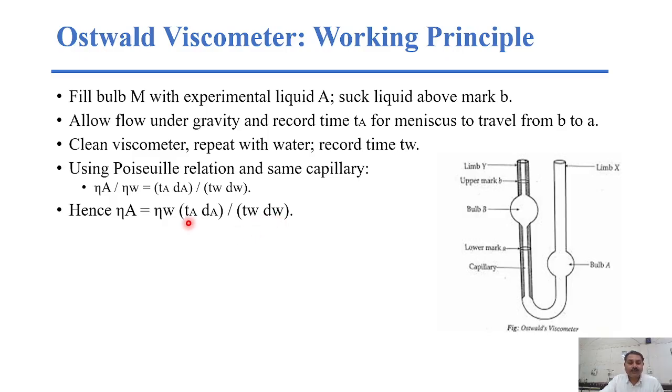Here Ta is the time of flow of the unknown liquid, and dA is the density of the unknown liquid. Tw is the time of flow of water, the reference known liquid, and dW is the density of water. And eta W is the viscosity of water, the reference liquid. In this way, we can determine the relative viscosity of any unknown liquid.